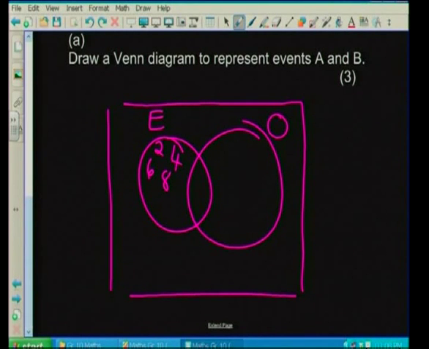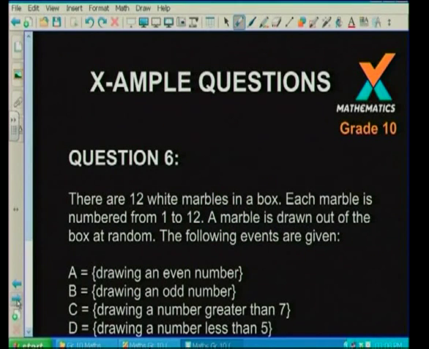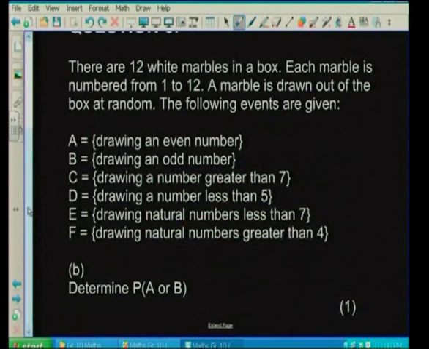If a number is even, it can't be odd. If it's odd, it can't be even. But anyway, let's do it. So we're going to say 2, 4, 6, 8, 10 and 12, and 1, 3, 5, 7, 9, and 11. So that is our Venn diagram representing the events A and B. Pretty straightforward.